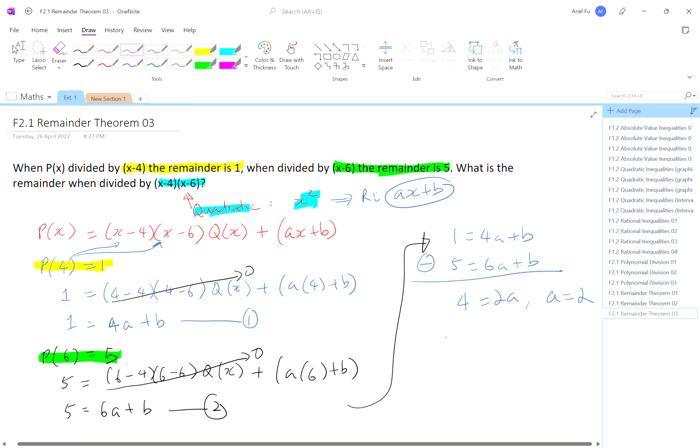If a equals 2, then b equals 1 minus 2 times 4, which is 8, so it must be negative 7. So what is the remainder? Don't forget what we're looking for in the question. The question is figuring out what the remainder is, and we know the remainder is ax plus b, so that means it must be 2x minus 7. That is the remainder.